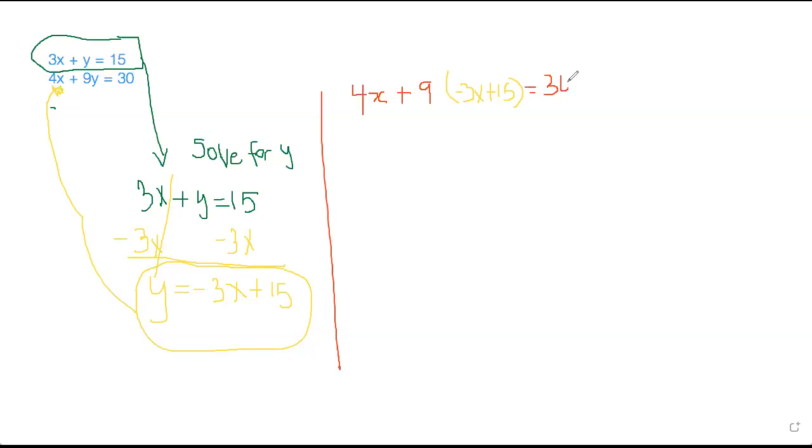Everybody get what I'm doing so far, right? Yeah. All right, cool. So first thing I did was solve for y, and then I substituted back into the second equation. And now I'm gonna just solve.